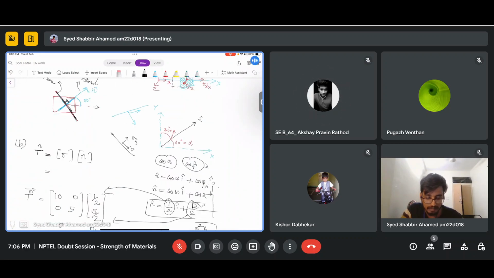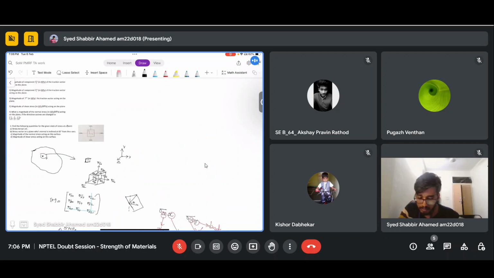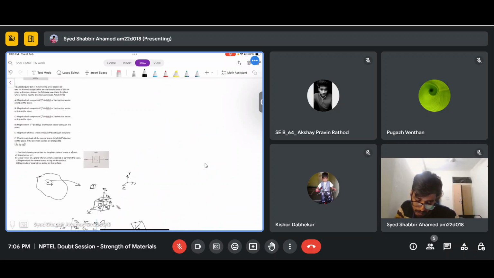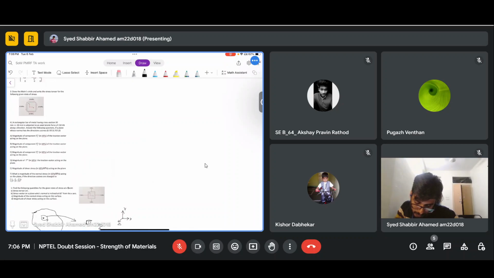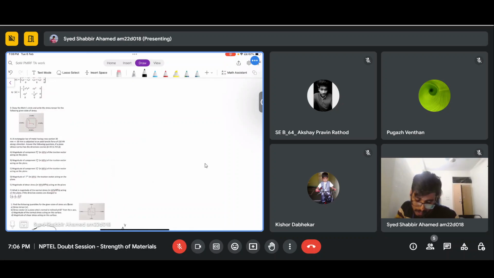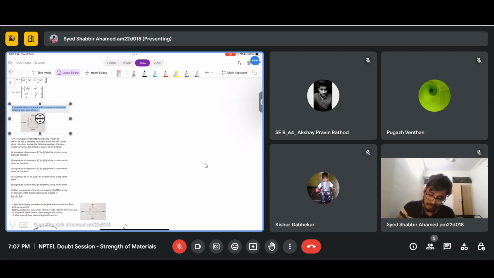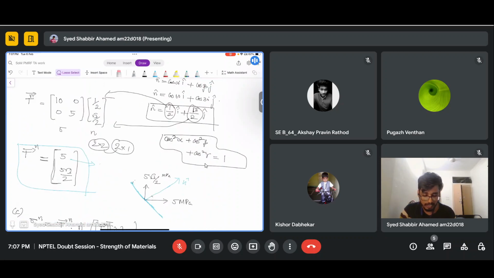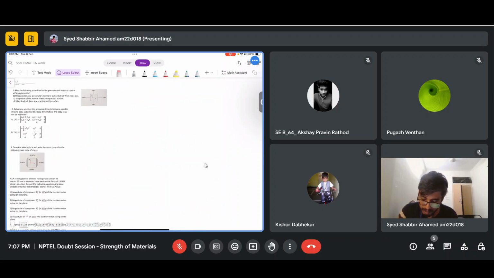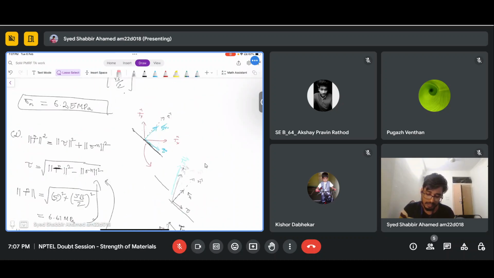So the next part is one of the most important things: the questions which you are going to solve in Mohr circle. Mohr circle is extremely important because people easily get confused in this part.